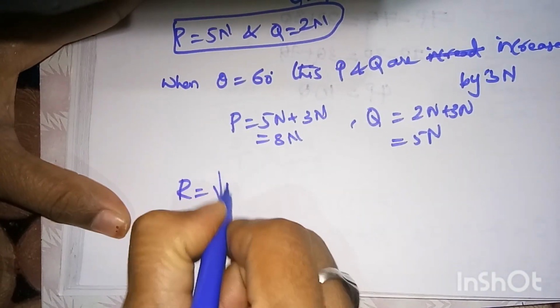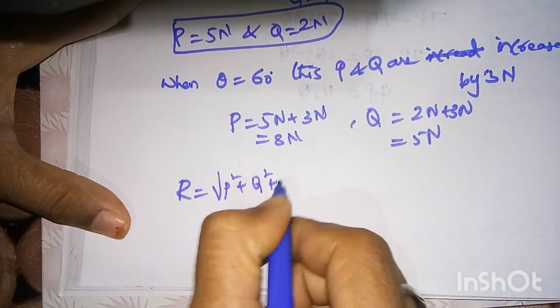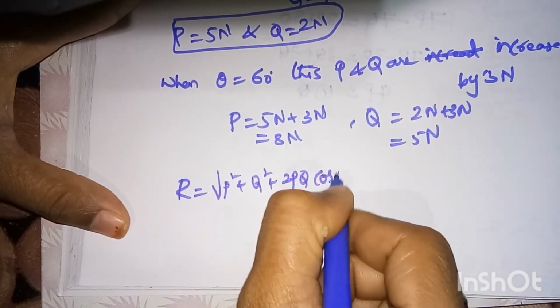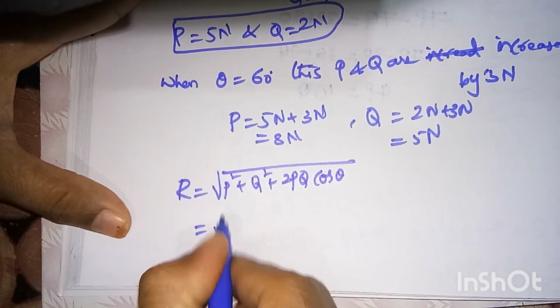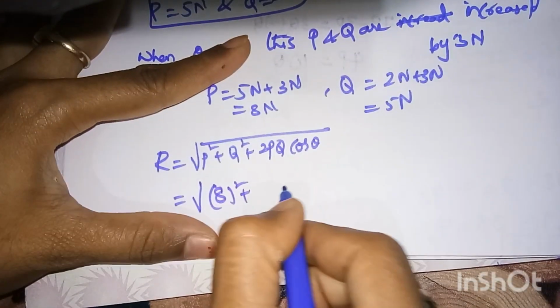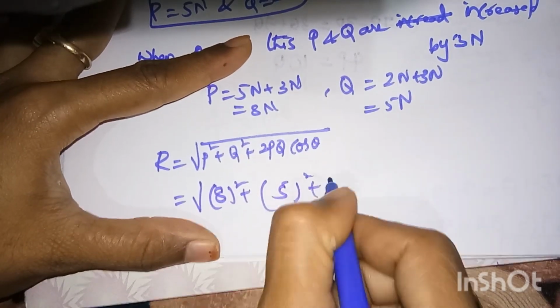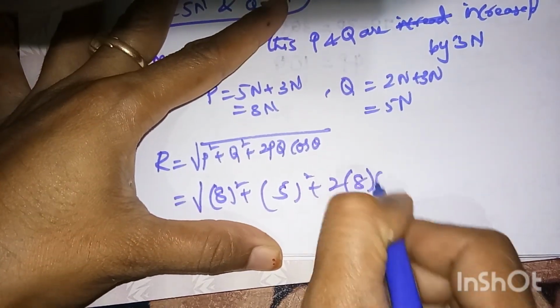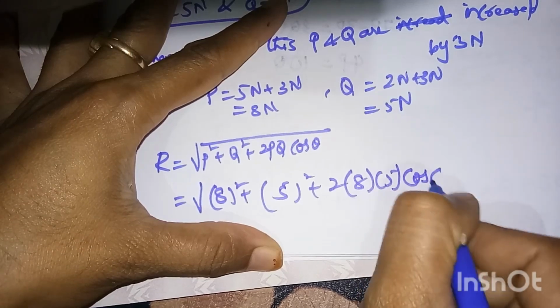R equals under root of P square plus Q square plus 2PQ cos theta. So under root of 8 square plus 5 square plus 2 into 8 into 5 cos 60 degrees.